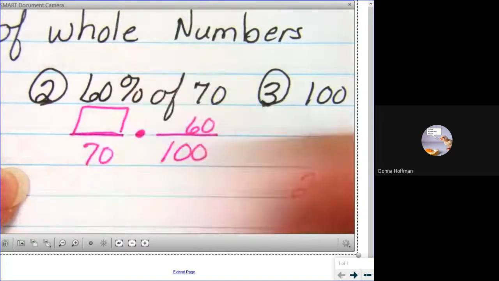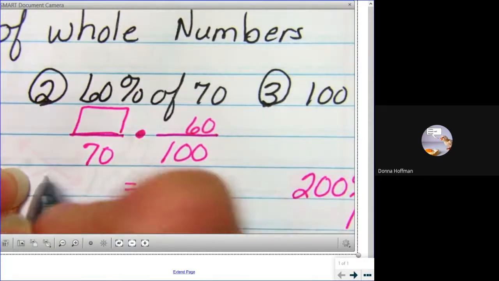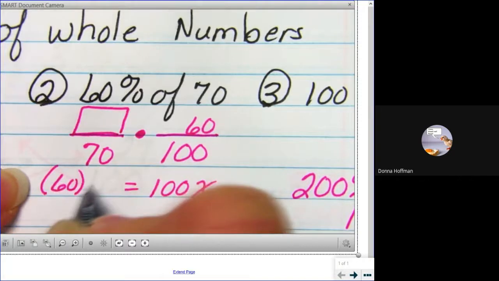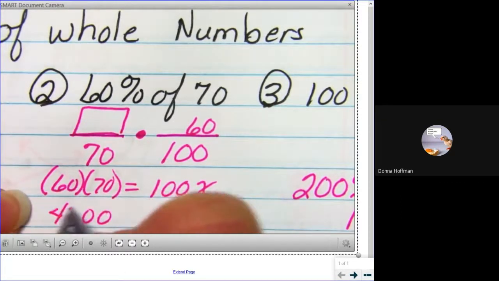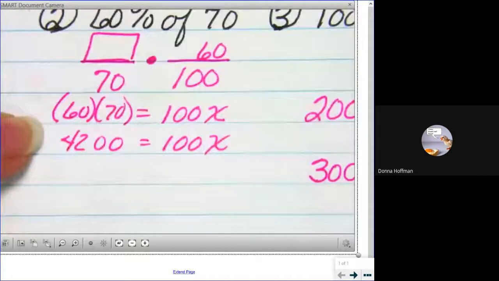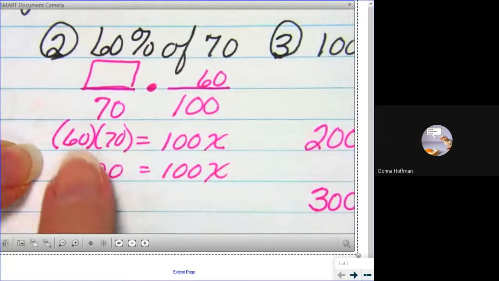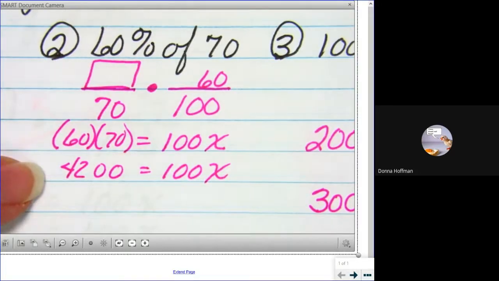You guys got this. Drag down both of your zeros. One from the 60, one from the 70. What's 6 times 7? 42. And there you go. It should be 42 whenever you take out that 100, right?